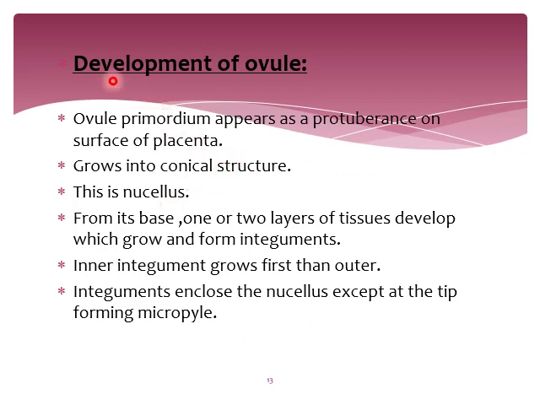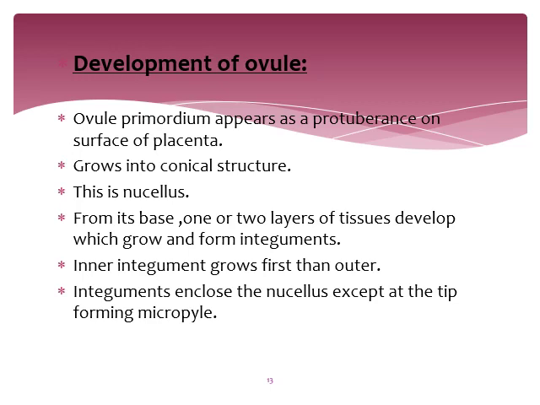Next, we have to discuss the development of the ovule, how ovule develops from mother primordium. Ovule primordium, ovule initials, appears as a protuberance on the surface of placenta. Then this protuberance grows into a conical structure which forms nucellus.